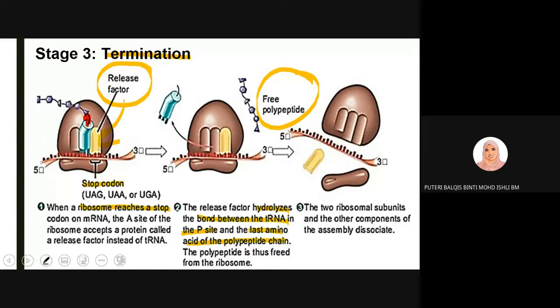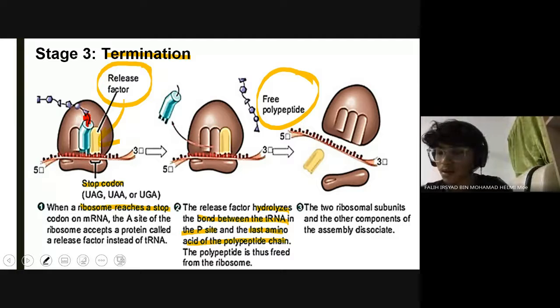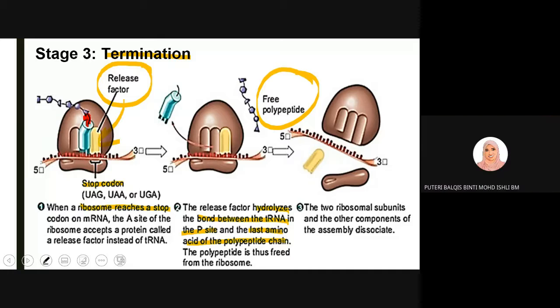Lebih kurang juga lah. Dia nak package dulu. Dia nak modify dulu kalau dia perlu modify. Kalau tak pun tak apa, lepas tu baru dia hantar ke mana yang dia nak. Okey, Atira, jawapan awak apa? Ke mana dia akan pergi? Golgi body juga.